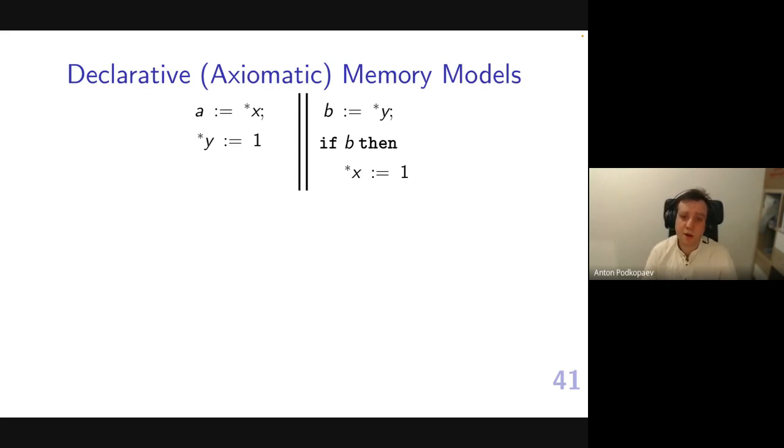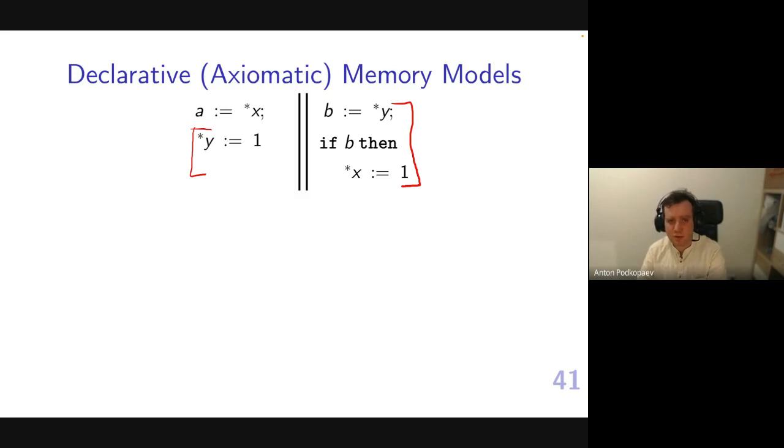Here, the right thread is exactly the same as it was in the out of thin air example, but in the left thread, instead of having a control dependency, we just have a write to Y. And now let's see how the memory model defines behaviors of this program.